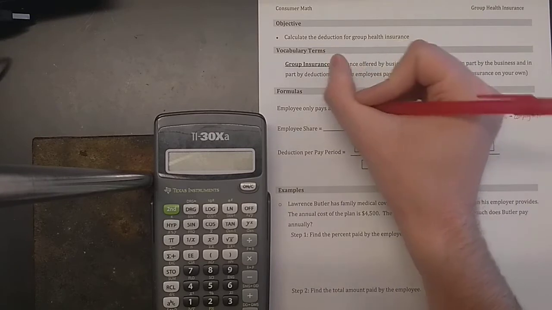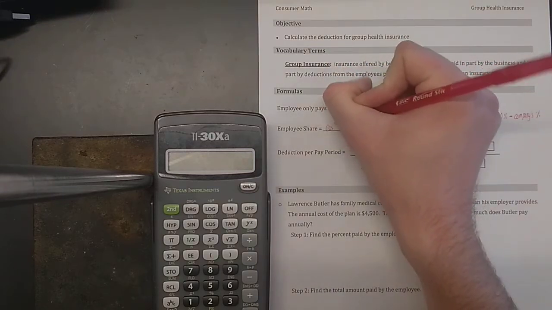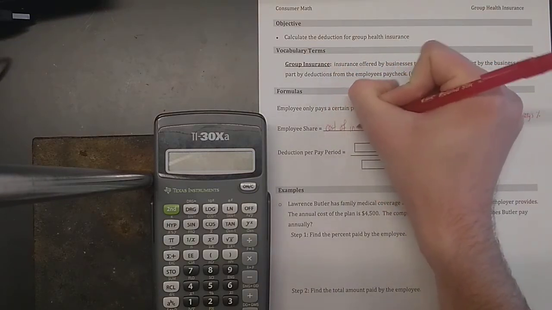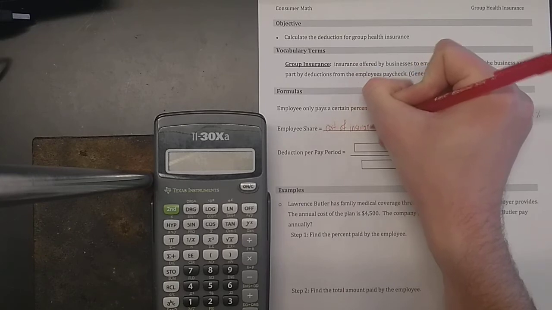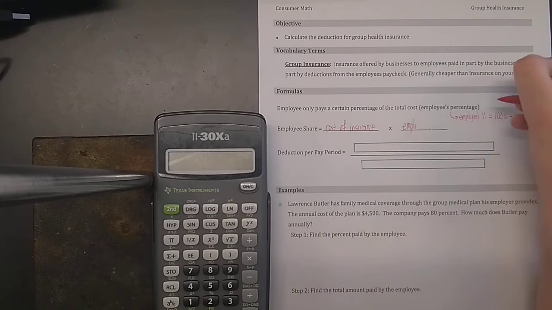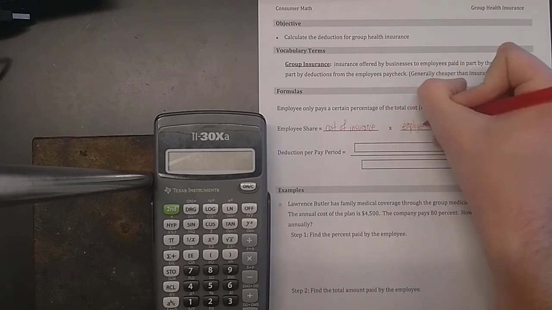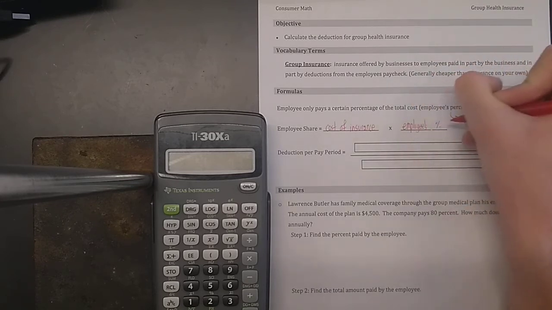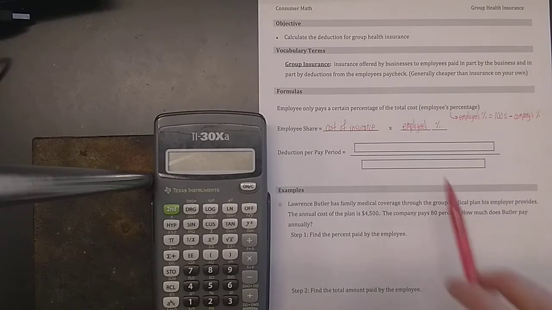So the employee share is the cost of the insurance multiplied by the employee's percentage, which you found in this equation. And as we've done before, that will give us the employee's share for an entire year, let's say, the annual employee share.